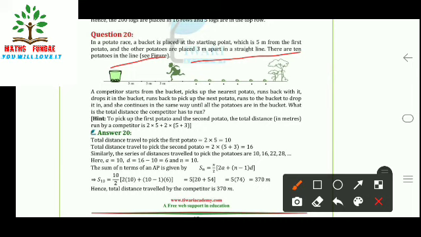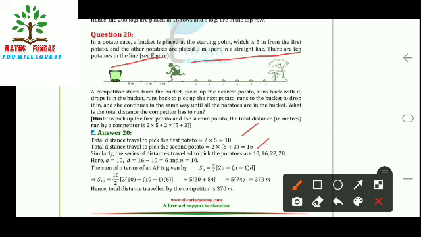To pick up the first potato and the second potato, the total distance covered will be, for the first, 2 into 5, and for the second, 2 into 5 plus 3. So the total distance traveled to pick the first potato is 5 plus 5, that is 10. For the second, it is 2 times 5 plus 3, 8 plus 8, 16.